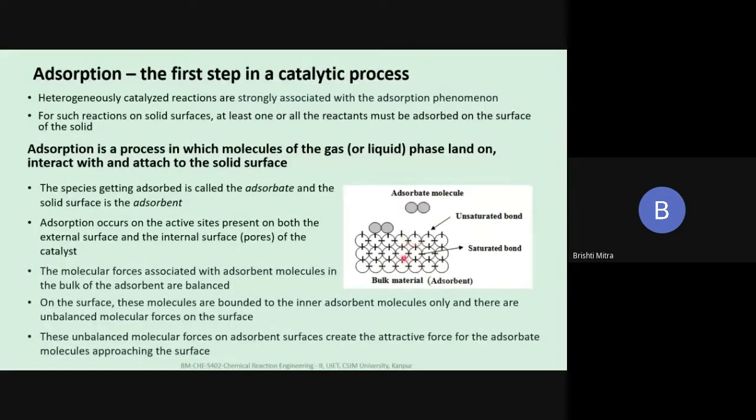So the molecular forces are balanced on all the different sides. But the surface ones are balanced only on the inside and the sides. The top ones are unbalanced. That is why the adsorption process essentially takes place on the top surface. These unbalanced molecular forces on the adsorbent surface create an attractive force for the adsorbate molecules approaching the surface.